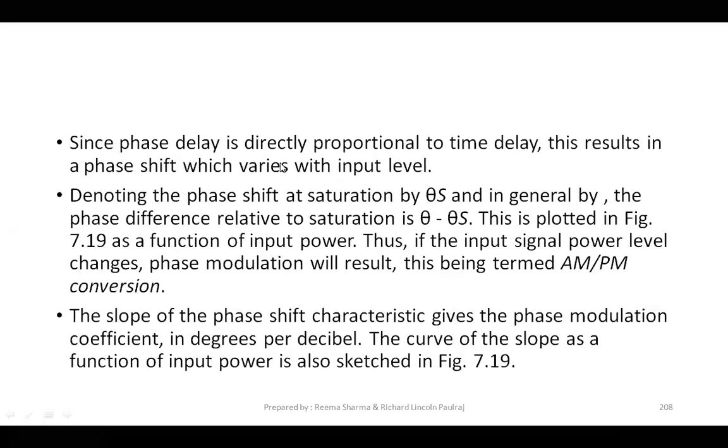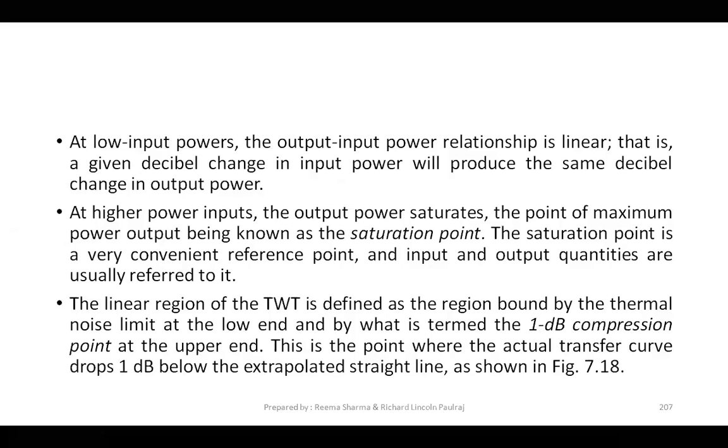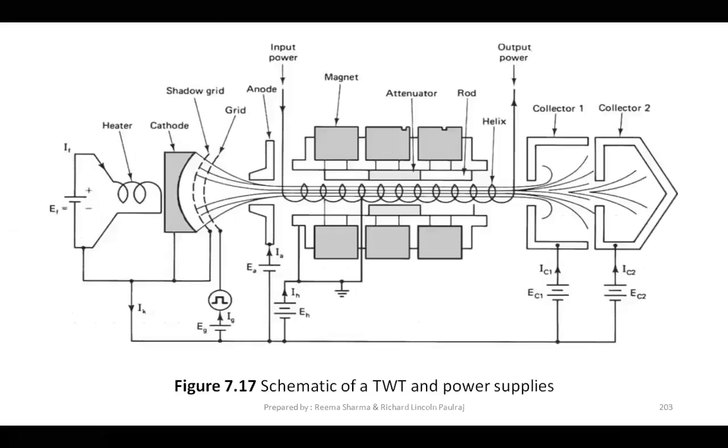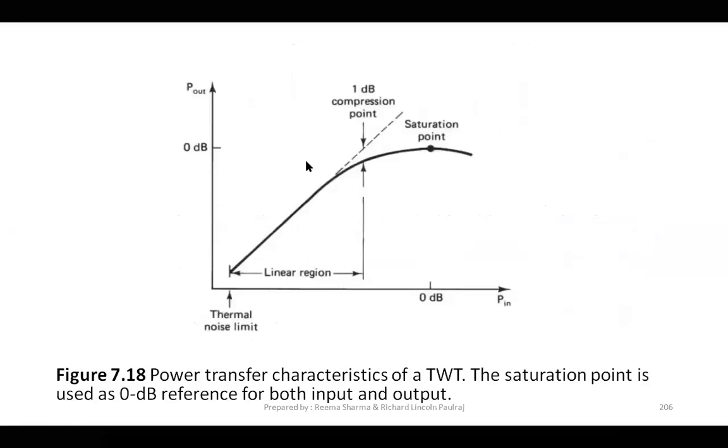Since phase delay is directly proportional to time delay, this results in a phase shift which varies with input level. So there is a fine balance that needs to happen between input power and output power. Whenever there is a fine balance between them, that's when we can make sure that this is in the linear form.